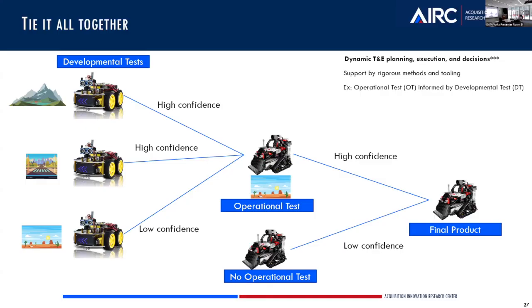Now, in reality, these are going to be really complex tests. It doesn't necessarily have to do this. It's not going to be this simple. There's going to be a highly complex network, and what we're trying to get to is more of a dynamic set.